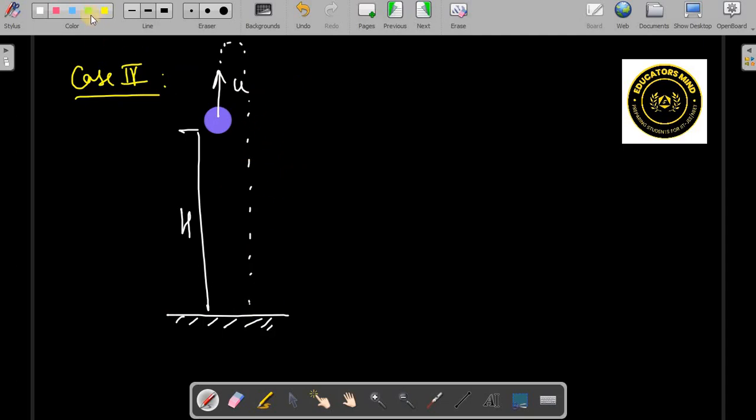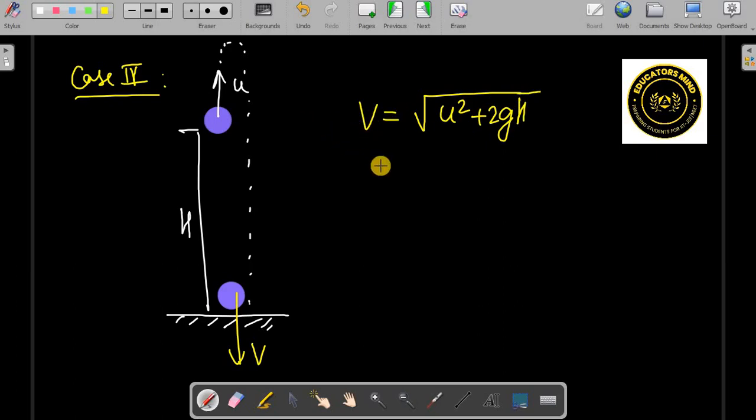So here the question is, what will be the speed when the ball will be reaching the ground? So the speed formula will be the same as the previous case, root under u square plus 2gh. Then what is the time taken? Total time taken will be v plus u by g.